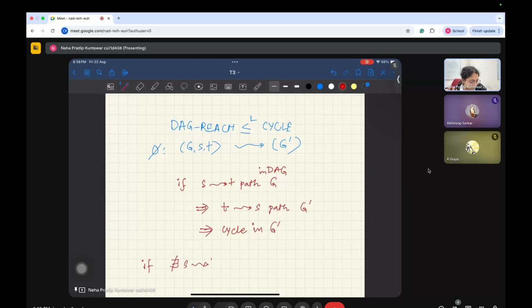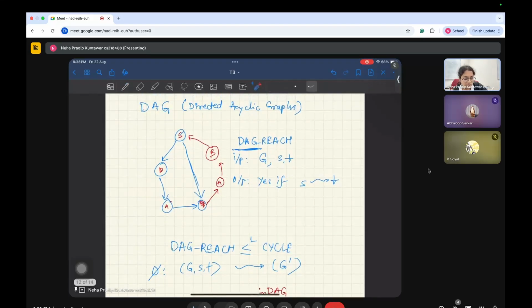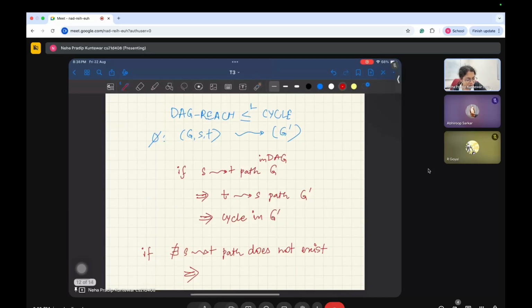If the S to T path does not exist, then in the new graph that we constructed, the one with the appended inverted edges, G prime, I cannot have a T to S path, right? So that would mean that you do not have a cycle.